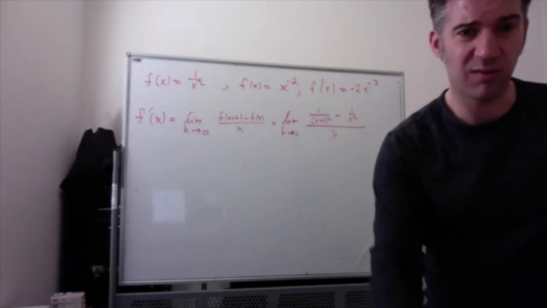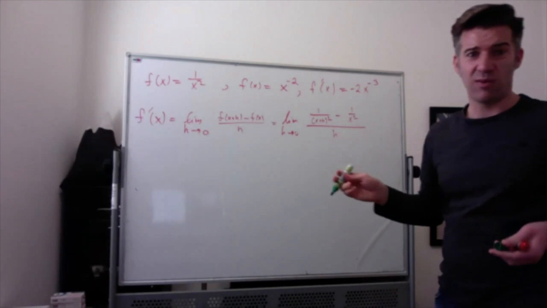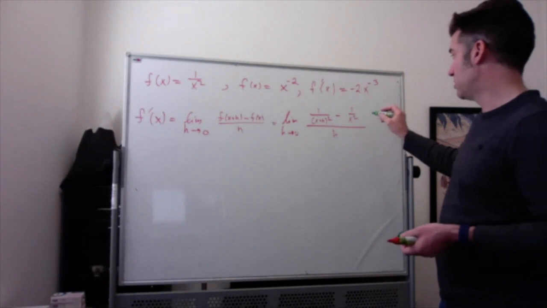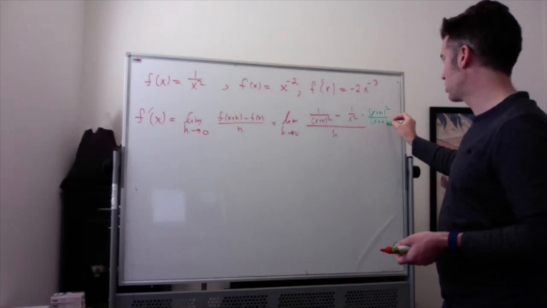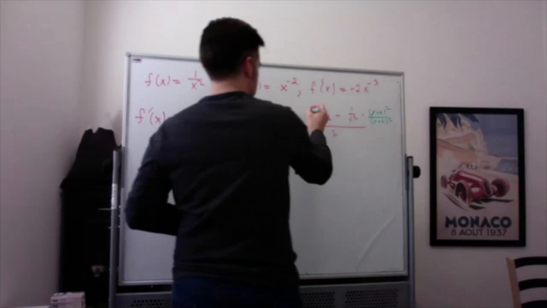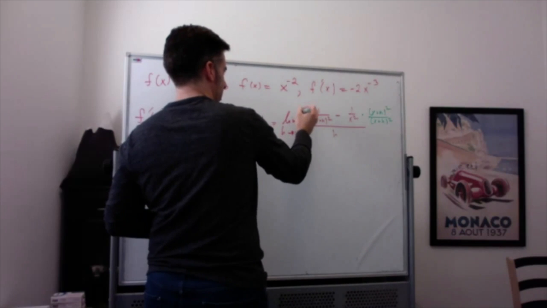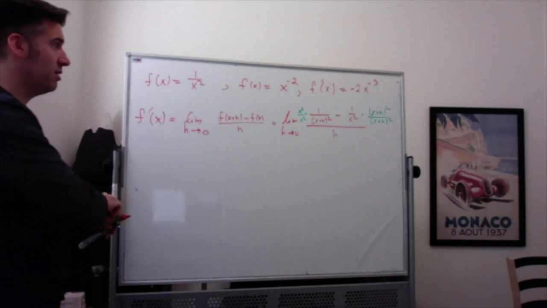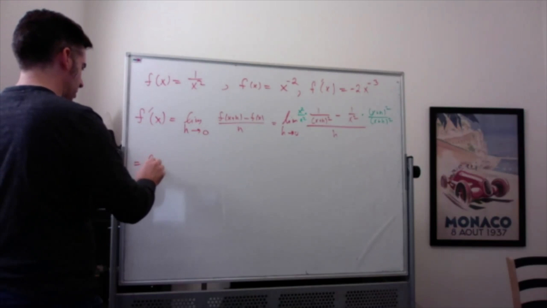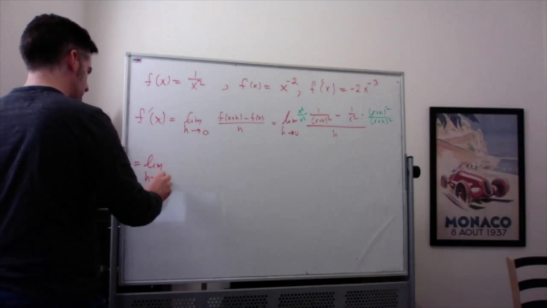And what we usually do when we're subtracting fractions is multiply by common denominators. So I'm going to multiply this by x plus h squared over x plus h squared, and multiply this by x squared over x squared. So then, in the next step, I'm going to get the limit as h goes to 0.